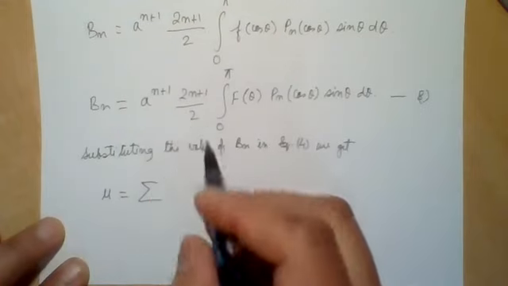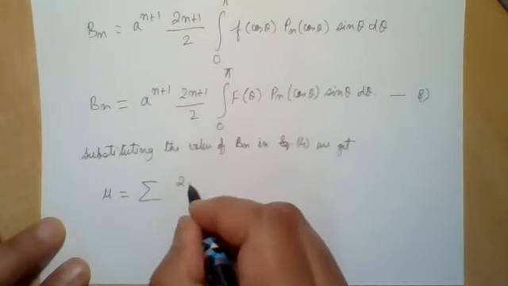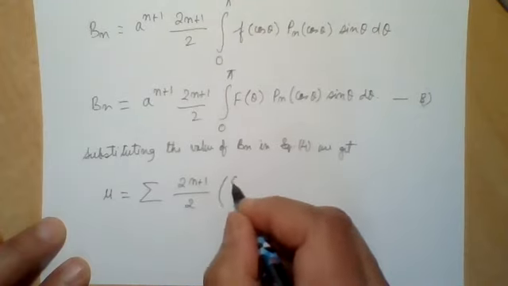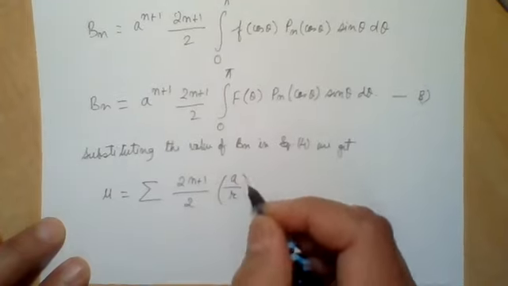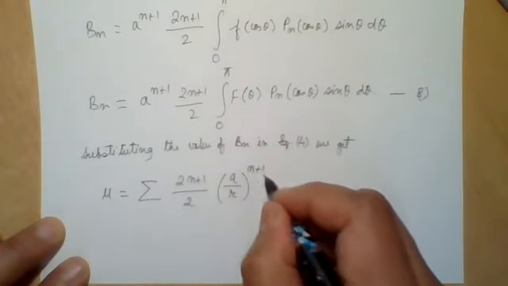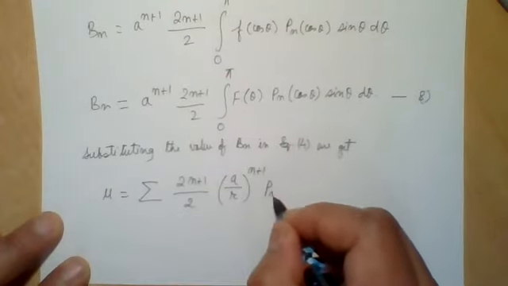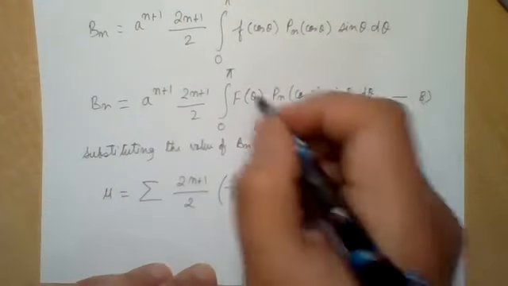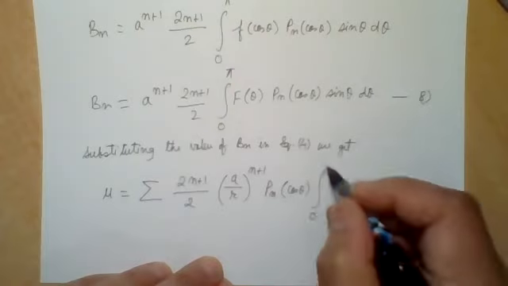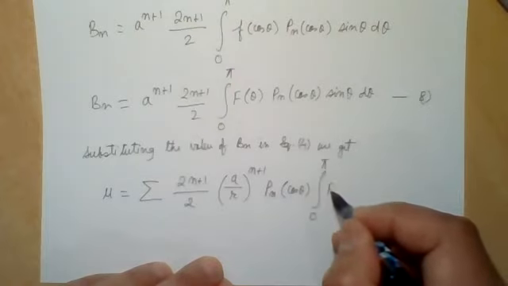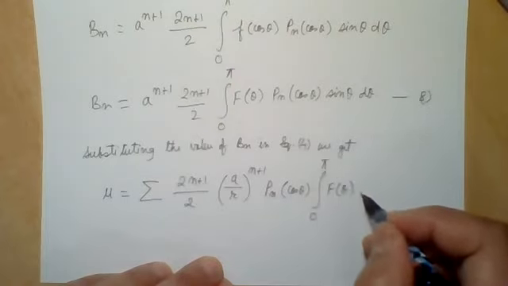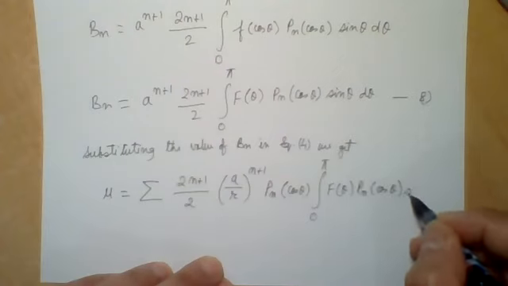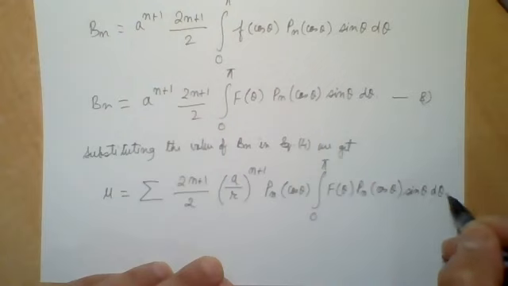Summation, here we have 2n plus 1 by 2, a over r to the power n plus 1, Pn(cos theta), then this integral 0 to pi F of theta Pn(cos theta) sin theta d theta.